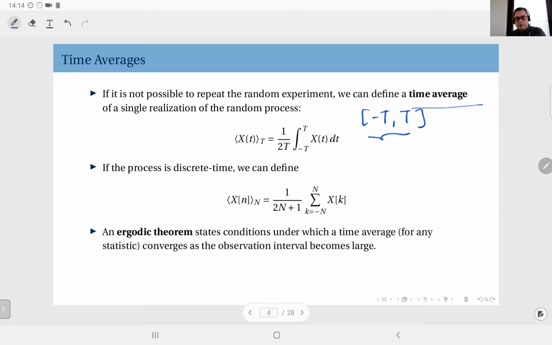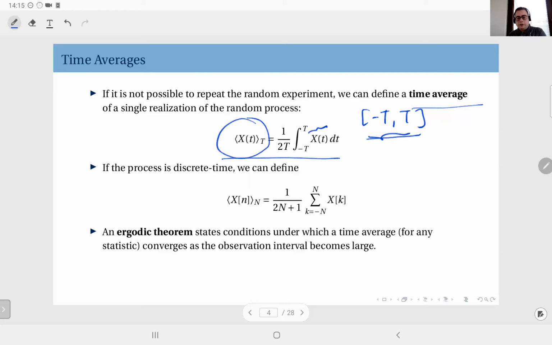So by a time average, we refer to this quantity. If the process is continuous time, you integrate your observation. I'm assuming you are observing it continuously. So you have x(t) throughout this interval from -T up to T. So you integrate it and then you normalize it by the width of the interval, which is 2T. And that gives you this, which we call the time average.